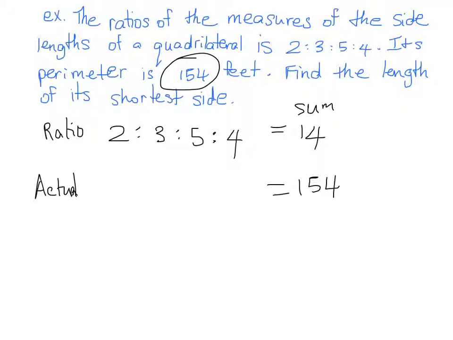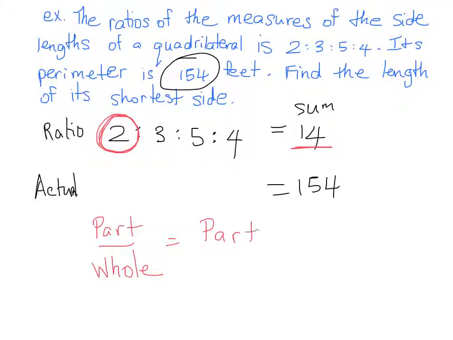We are being asked to find the shortest side, so the side related to that 2. We can set up a ratio where we're putting part over whole, and that will be equal to part over whole. What do I mean by this, you are asking yourself? I will tell you right now.